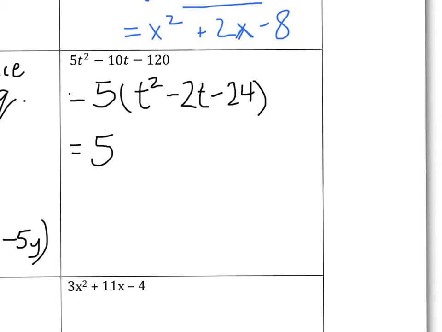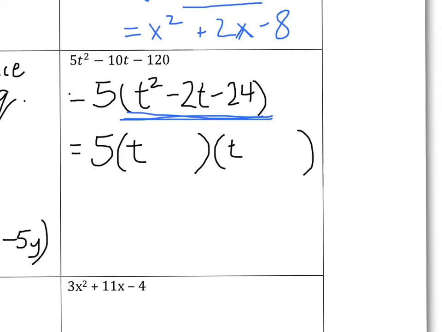And now we just have to ask ourselves, can you factor what's left over here, this t squared minus 2t minus 24? Hey, look, it's another one of those simple trinomials that we saw above. So I know if it has factors, it's of the form t plus a number times t plus another number. Well, what are those two constants then? What are those two numbers that we're going to throw in there?